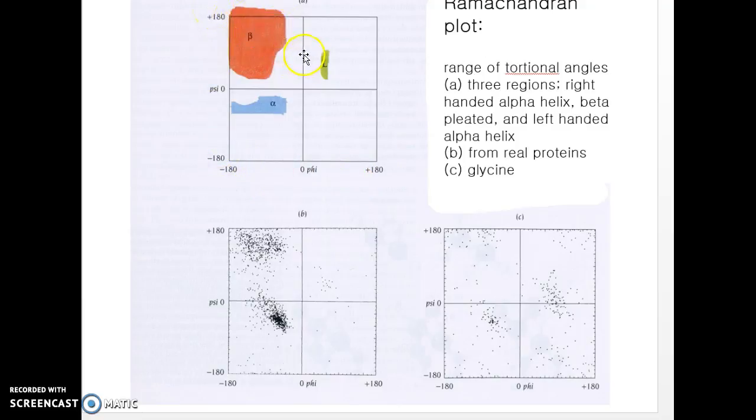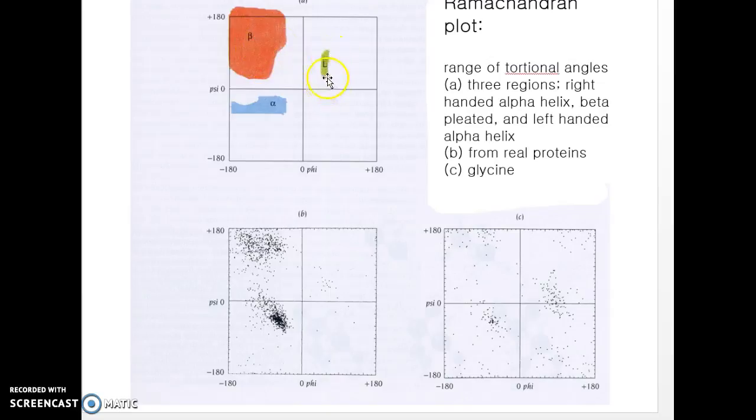In A, 3 colored regions represent secondary structures position. The blue one represents the torsional angles to allow right-handed alpha helix. Red color for beta pleated sheet.